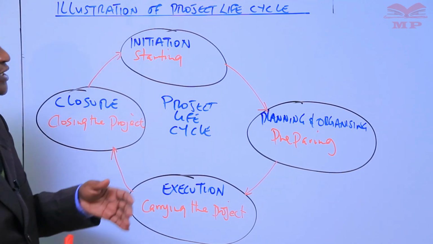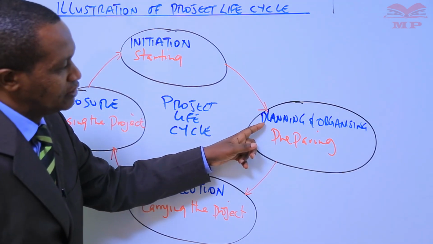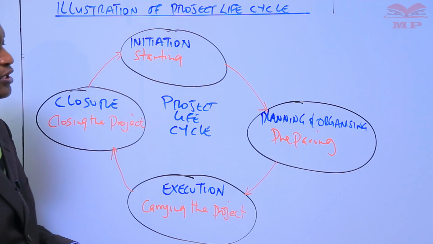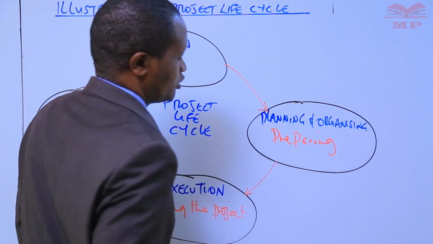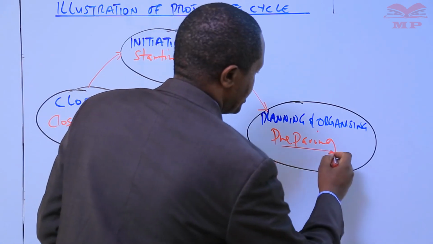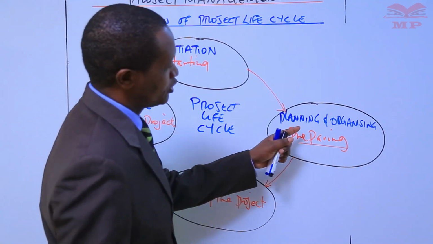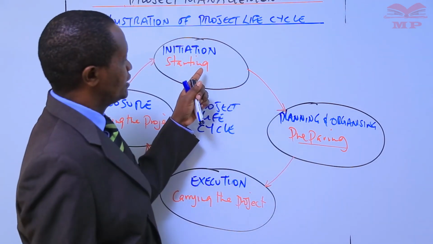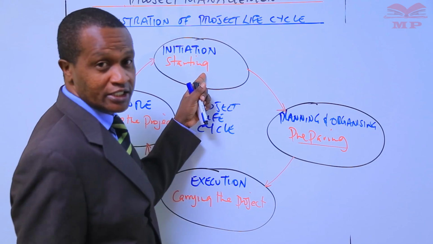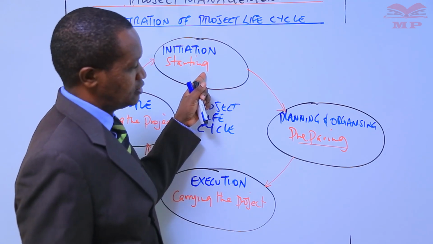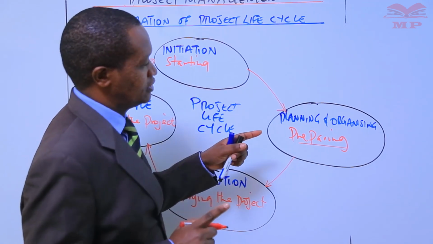When it is established that the project can be executed, then it moves to the planning and organizing stage, which we are calling just preparation. Now, candidates, after the project passes the two tests at initiation, the project is handed over to the project managers.